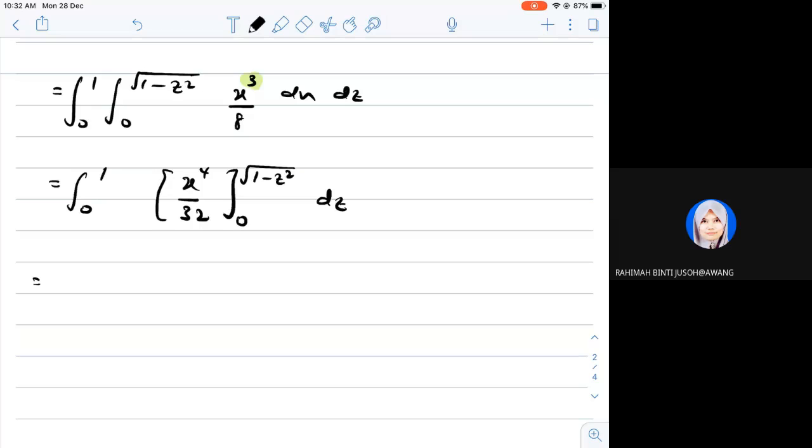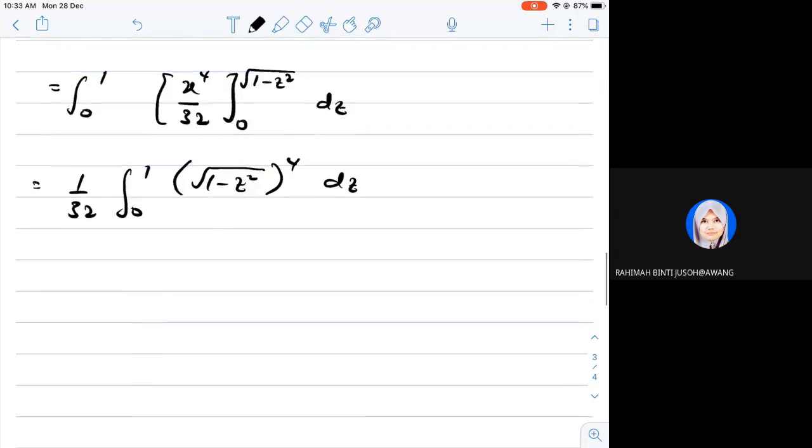So we will have 1 over 32 taken out, 0 until 1, 1 minus z squared, square root to the power of 4, dz. So this one will be 1 over 32, 0 until 1, 1 minus z squared, to the power of 4.